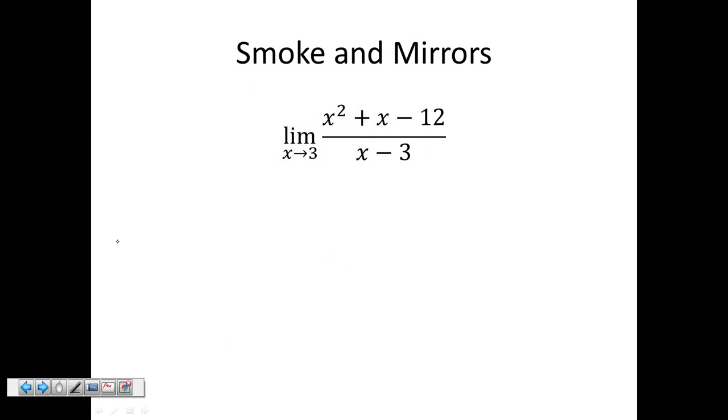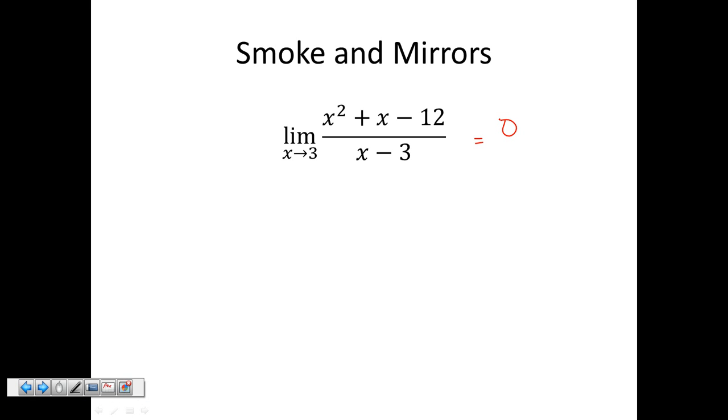Okay, now let's talk about some smoke and mirrors. Really there's only one trick that's repeated over and over here. If I try to plug in the a value, and that's what you should do first and foremost with a limit, if I plug in 3 on top, I get 0.